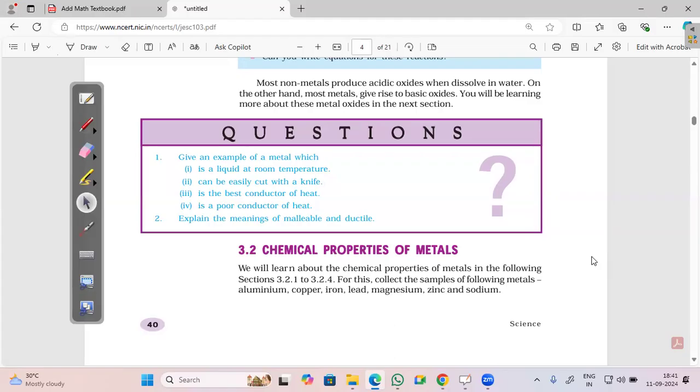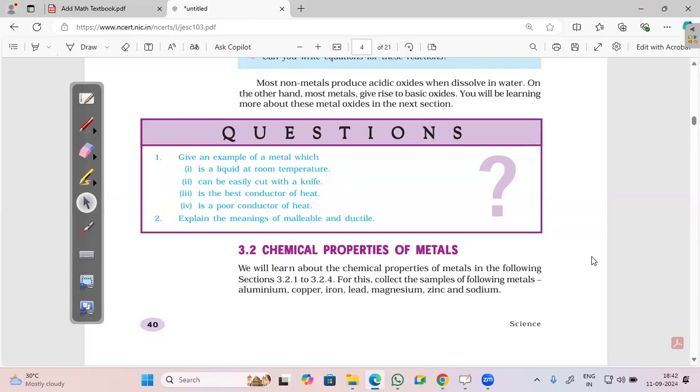Sir, malleable means by hammering, we can make them into thin sheets. And ductile means we can make a thread-like structure. Okay. Malleable means if you beat it, you can make it into sheets, and ductile means you can draw them into wires. Okay. So today we have finished the physical properties of the metals.